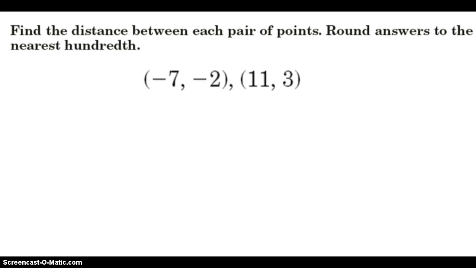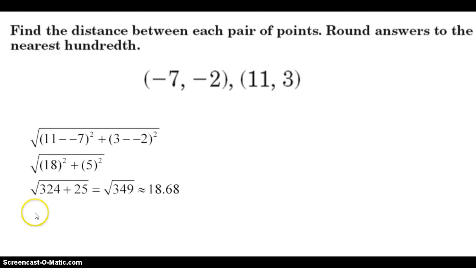Again, another practice problem. Pause the video. Make sure you're a champ. I'm not going to give you the formula. You should have it written down somewhere else by now. So go ahead and please do this all by yourself. Pause the video. And then you should see that you'll get 11 minus a negative 7. That's a double negative. That's 18. You should have got that. That's 3 minus a negative 2.